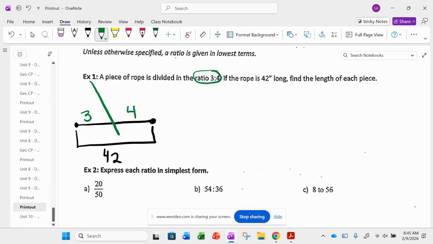What do I have to put along with it the minute I take it out? An x. So this is going to be 3x and 4x. And now if I add those two parts together, 3x plus 4x, shouldn't that equal the total length of the rope, which is 42? So that is our equation. 3x plus 4x equals 42.